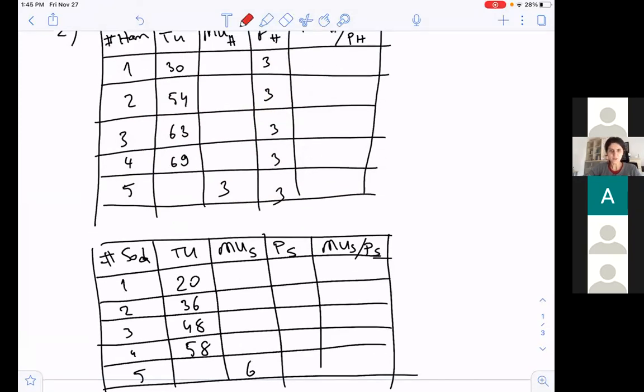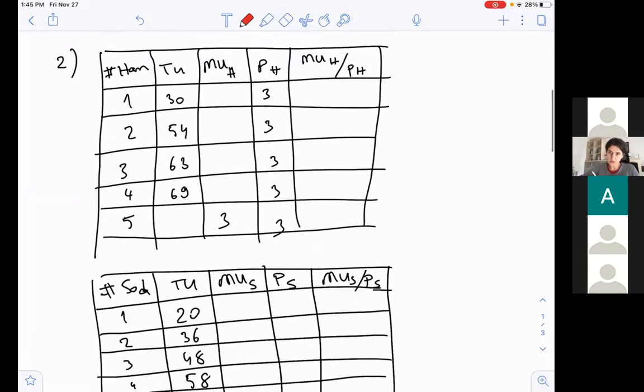Let's fill out this table, so you know how to calculate the marginal utilities, right? Marginal utility is the utility that a person obtains from consuming the last unit. So marginal utility of the first hamburger consumed is 30. Marginal utility of the second hamburger consumed is 54 minus 30, 24.